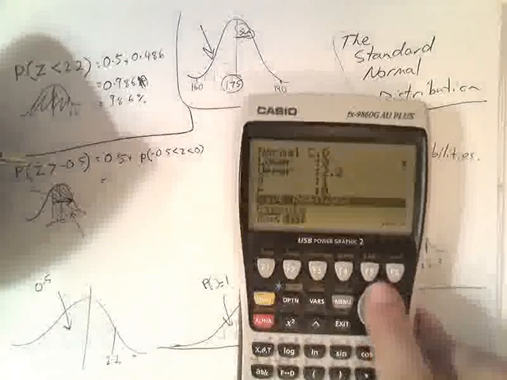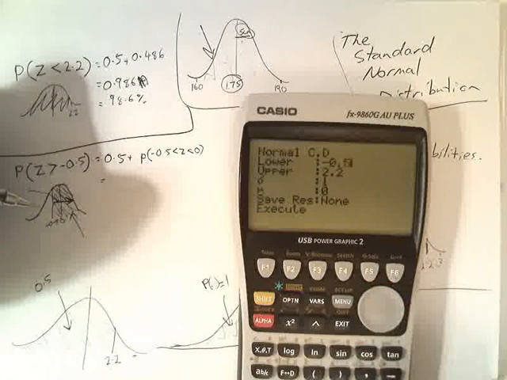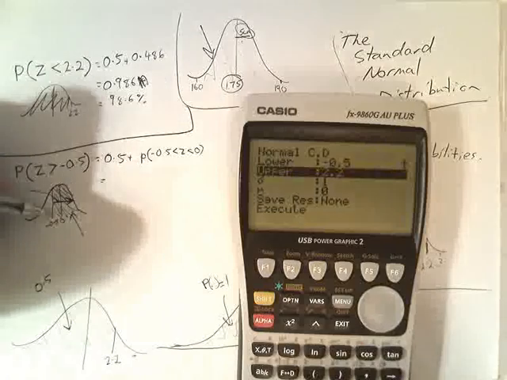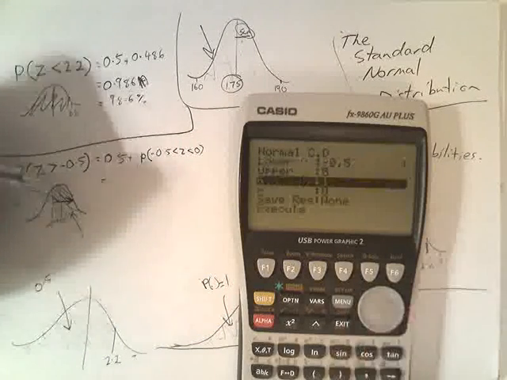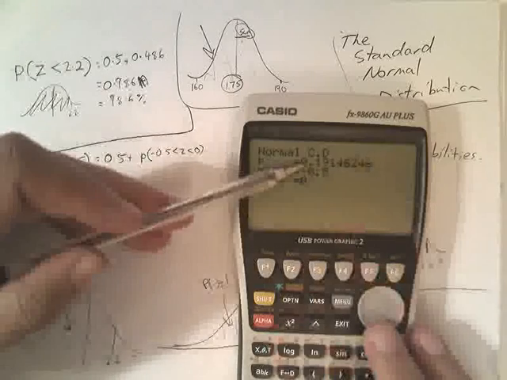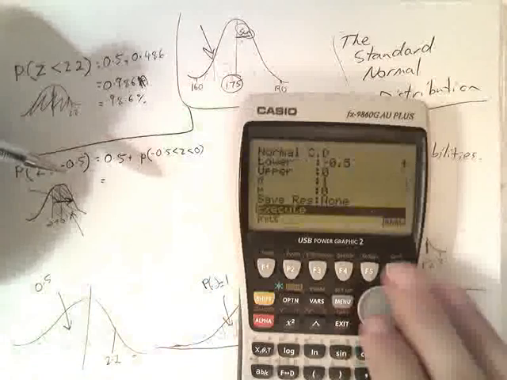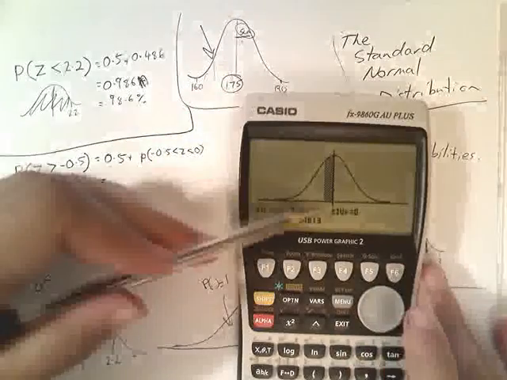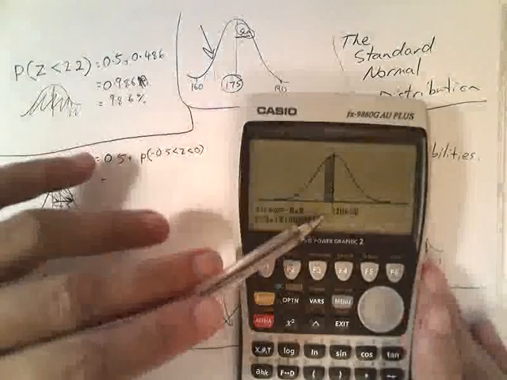On our calculator, very, very simple. A lower bound of negative 0.5, an upper bound of 0. Now, if you just click execute, it'll just give you an answer, but I highly recommend actually drawing it, so you can see that what you drew on the page is the same as what comes up here.